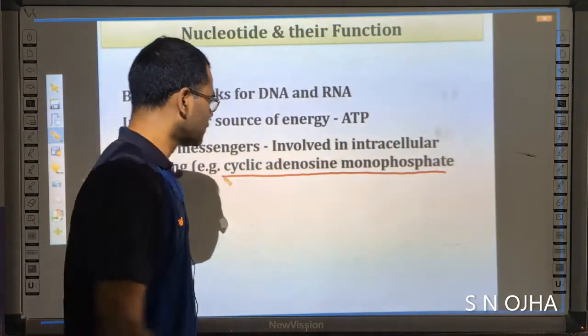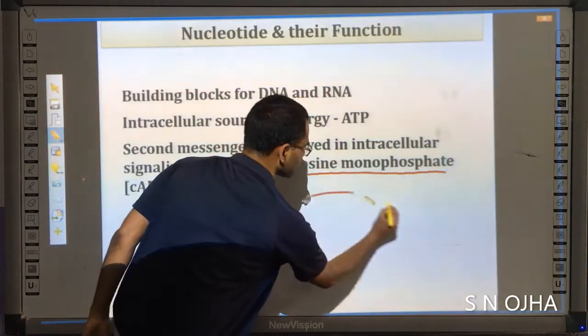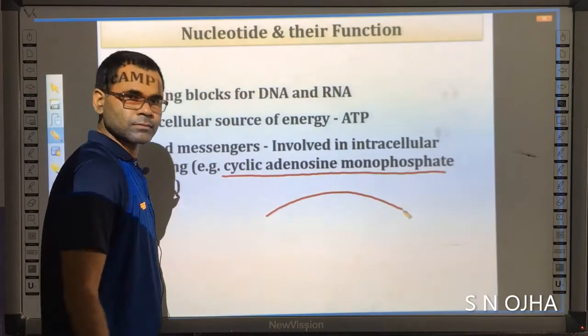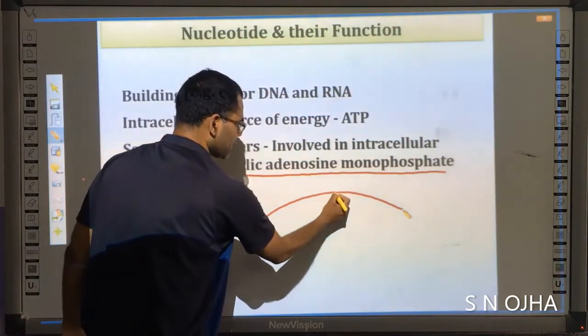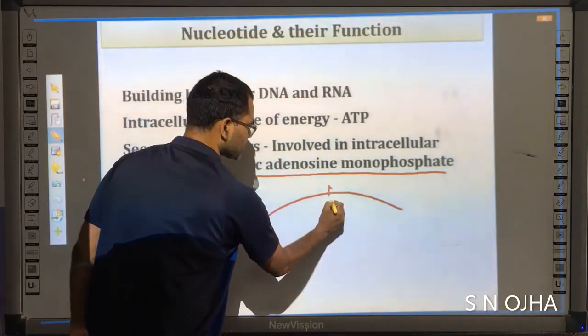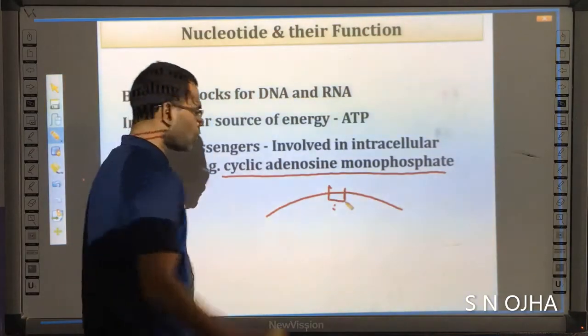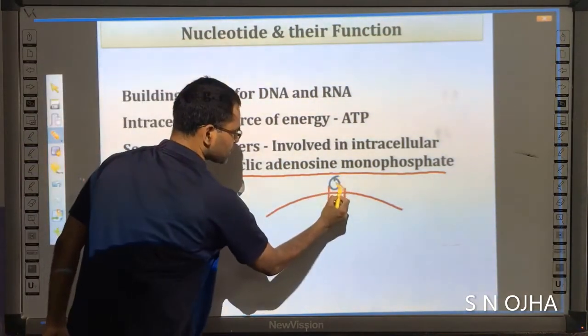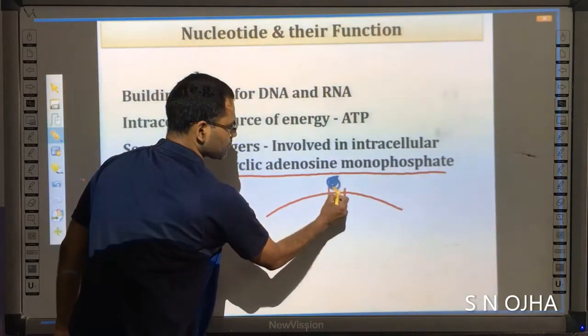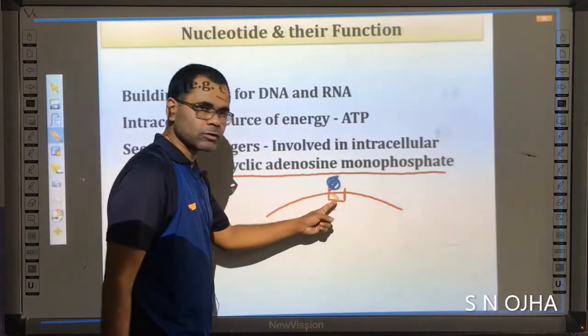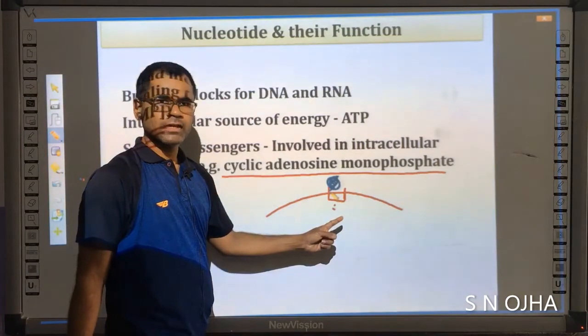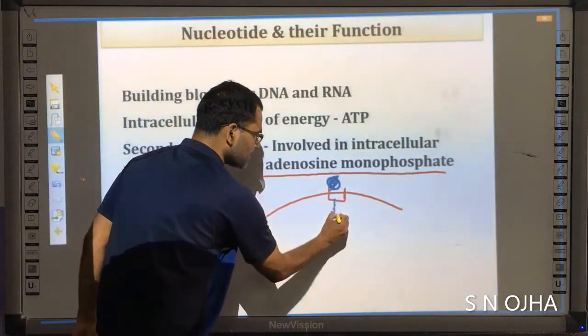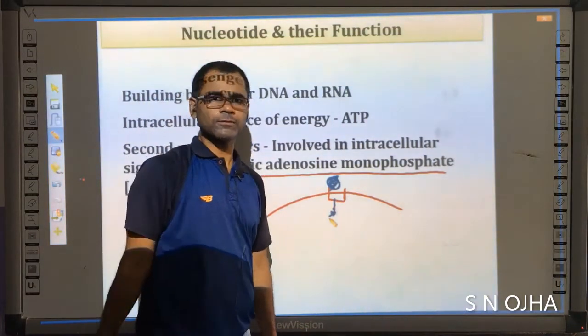For example, this is my plasma membrane, and on this plasma membrane we have a few receptors. Whenever a hormone attaches to the receptors, a cascade mechanism is involved.